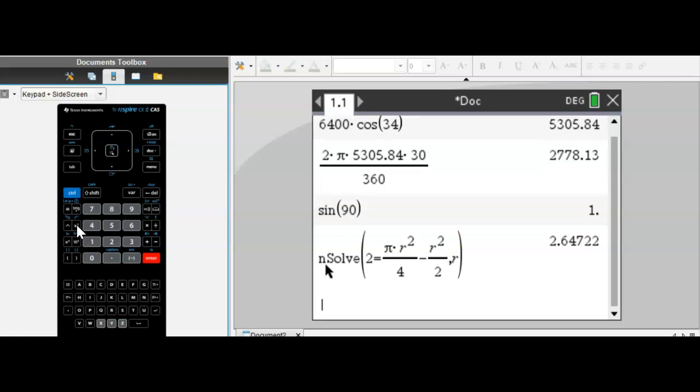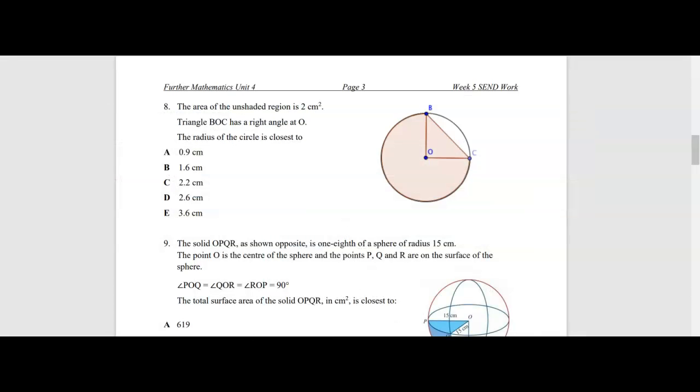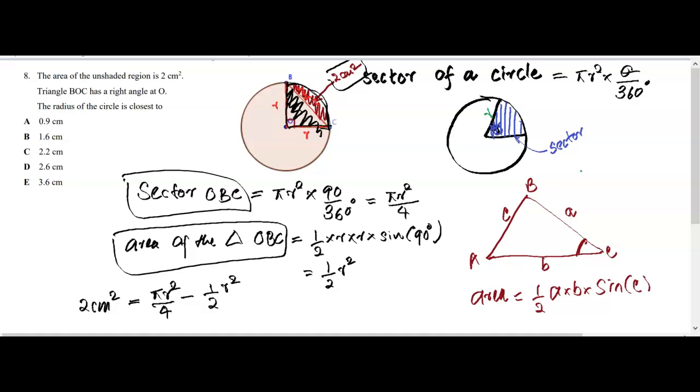So r is equal to 2.64722. We'll see whether we have the answer here. Where is the answer? 2.6. Yes, so the answer is D. Okay, closest to 2.6.